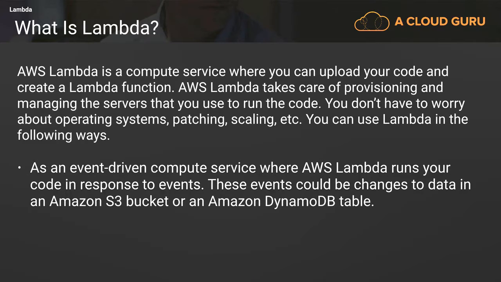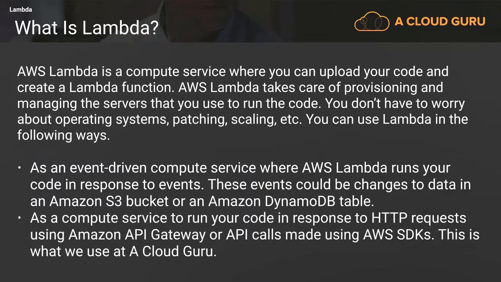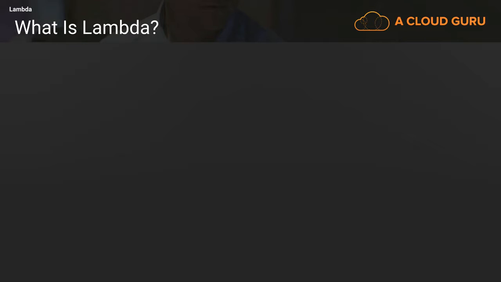These events could be anything, such as changes to data in an Amazon S3 bucket or in a DynamoDB table, etc. And it also runs as a compute service to run your code in response to HTTP requests using the Amazon API Gateway or API calls made to the AWS SDKs. And this is exactly what we use at A Cloud Guru.